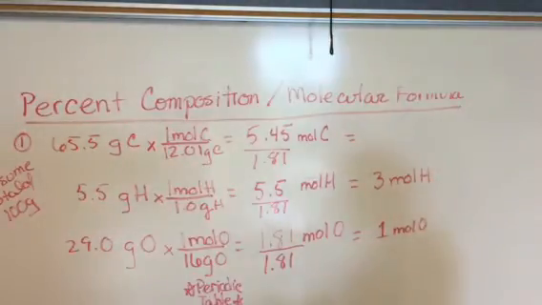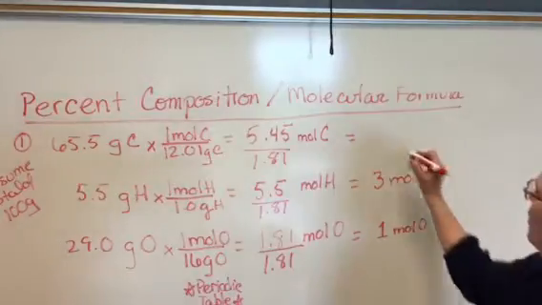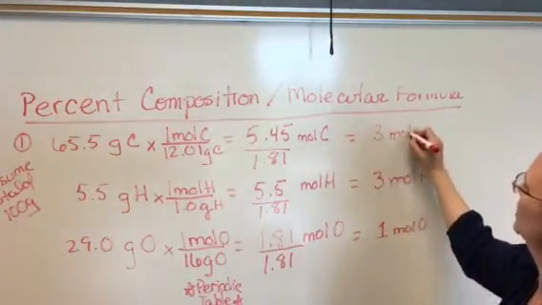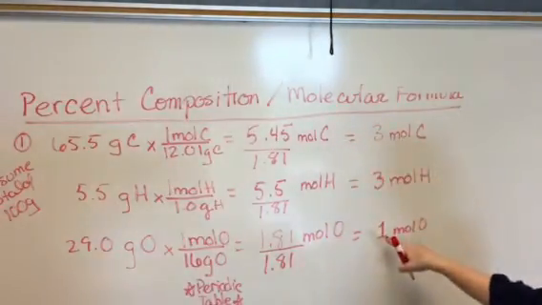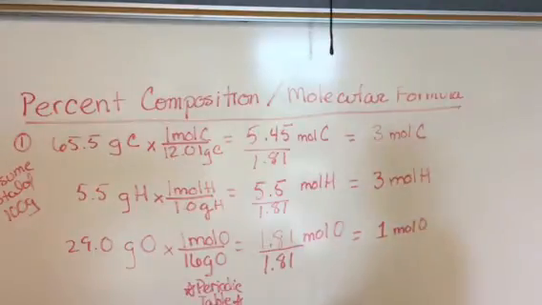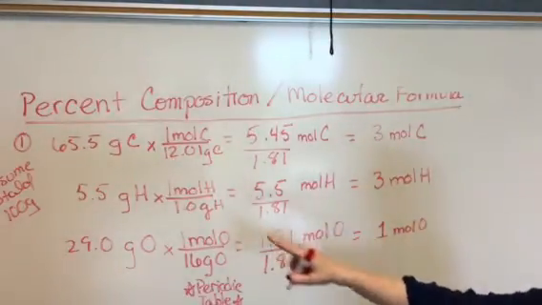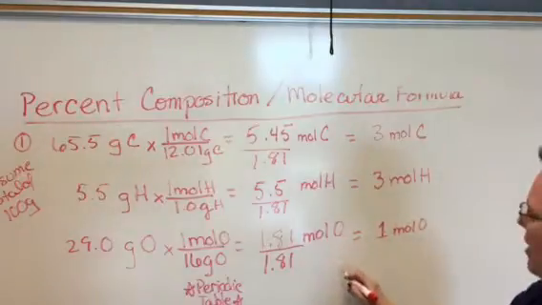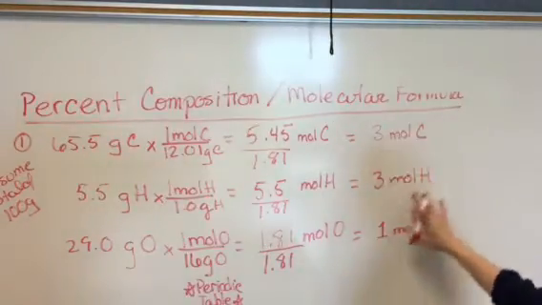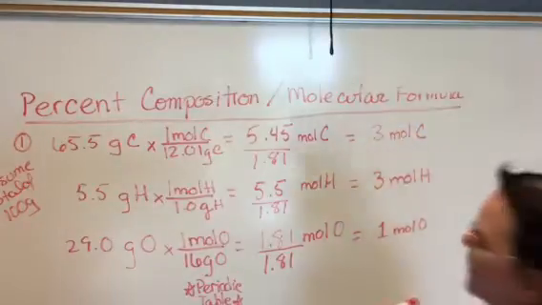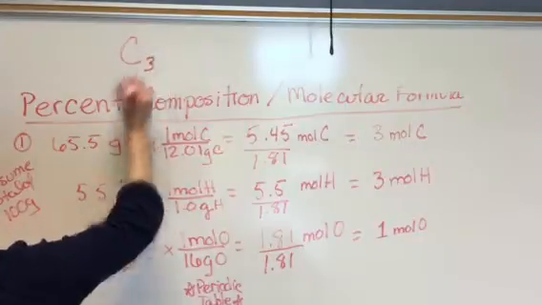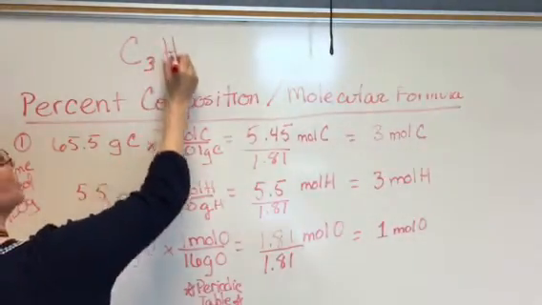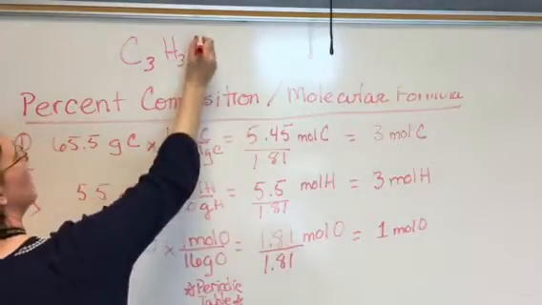And that changes my carbon into 3 moles of carbon. Now what we're going to do with these 3 numbers is use those as the subscripts. So from our percent composition, we are able to say that the empirical formula for this compound, I'm going to write it right up on top, would be C3H3O.